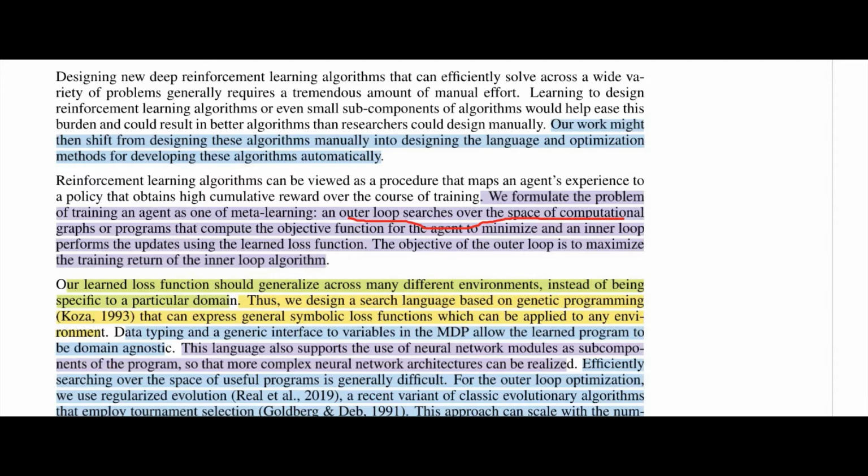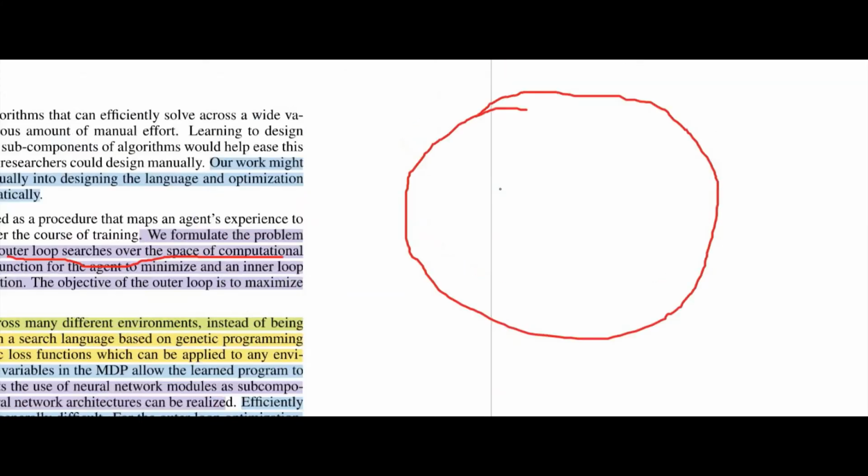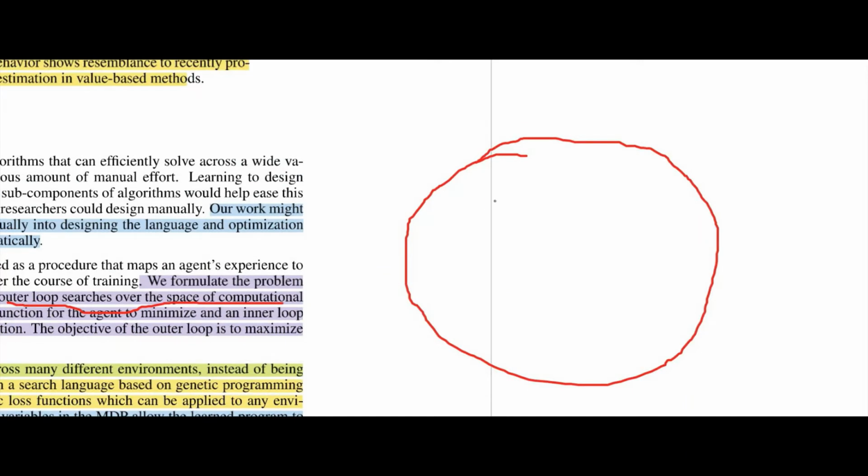best possible agent. So basically, you have this big outer loop, and in this you test out various computation graphs, and each of these computation graphs represents a loss function. So this will somehow represent a loss function.